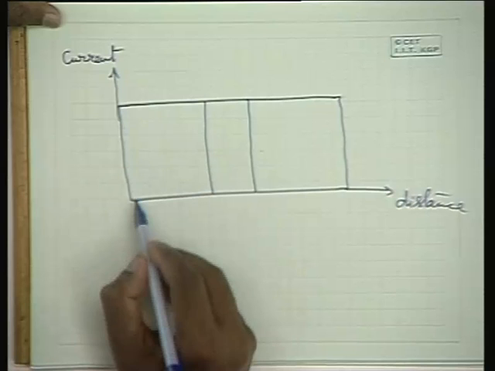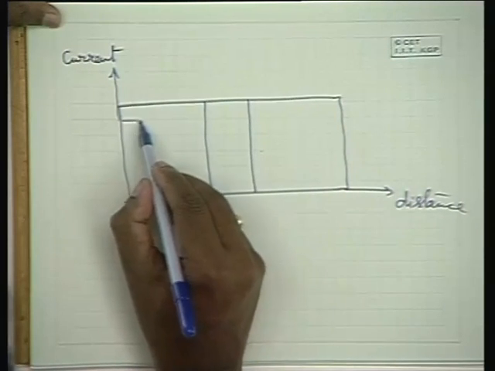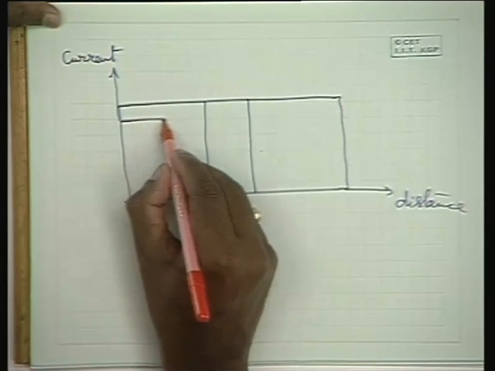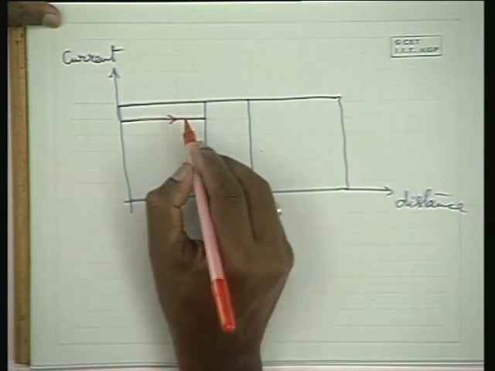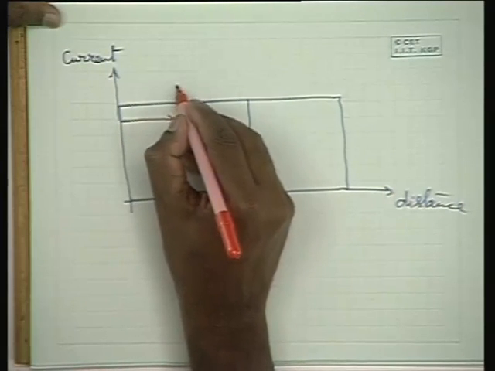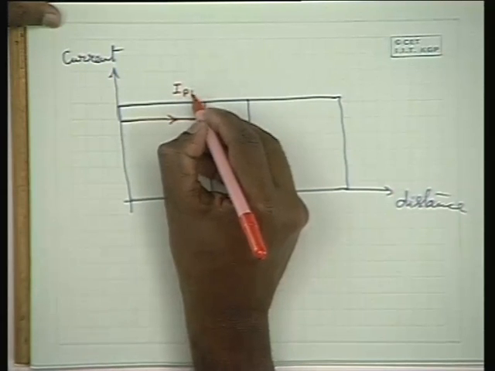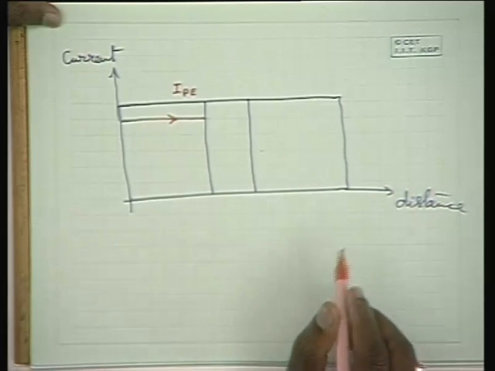So due to diffusion of holes, you have a large amount of hole current passing in this direction. This current is due to the holes from the emitter side. So let me indicate it as IPE.